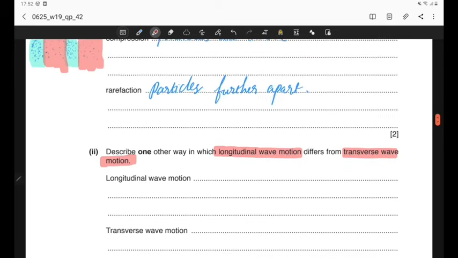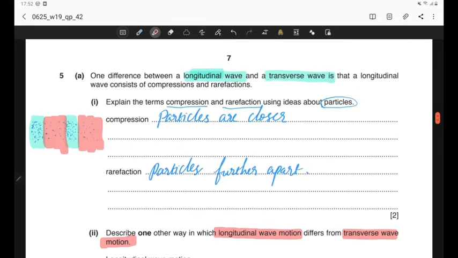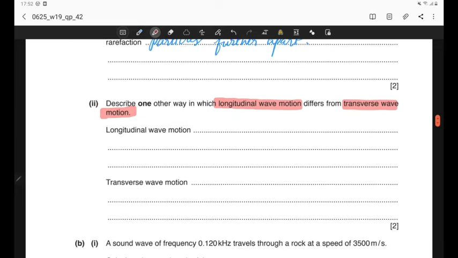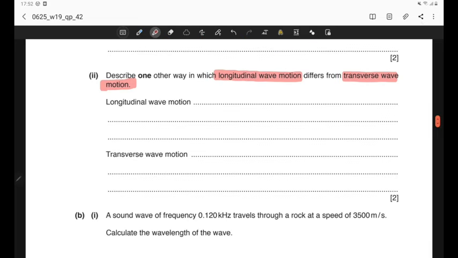So already one way is mentioned in the first part in terms of compressions and rarefactions. Other than that, we should differentiate longitudinal and transverse waves using another concept. So here we can use the definition, or how the particles move compared with the direction of propagation of the wave.